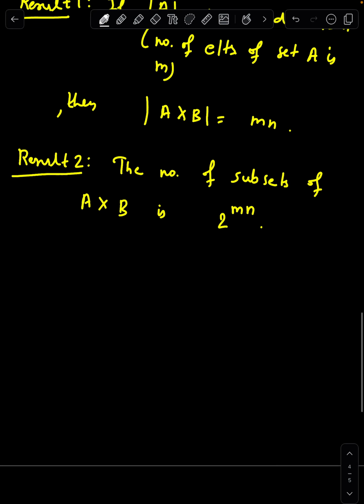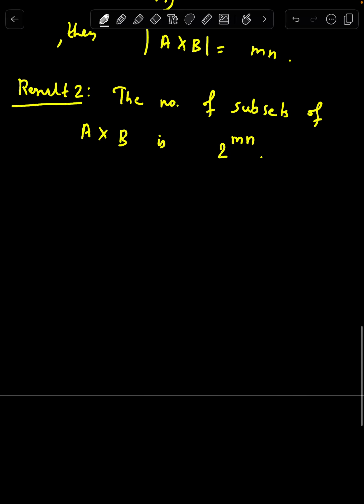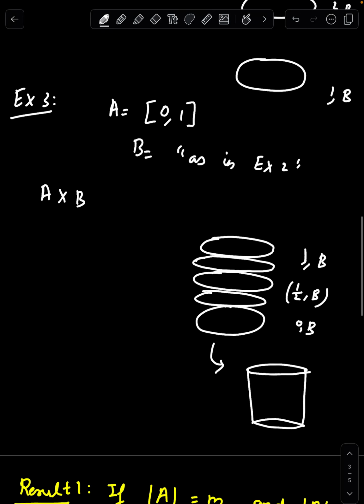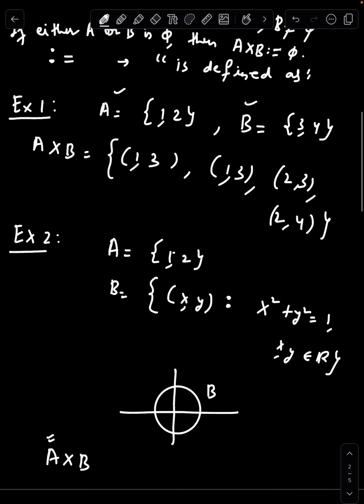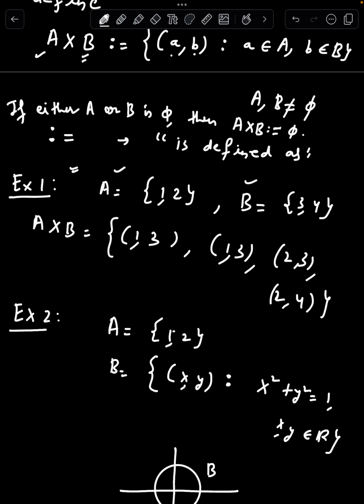Now, note one thing. A cross B is not the same as B cross A, right? So you can check this by taking examples. You can see it here itself in this example. A cross B is this, and B cross A is what?